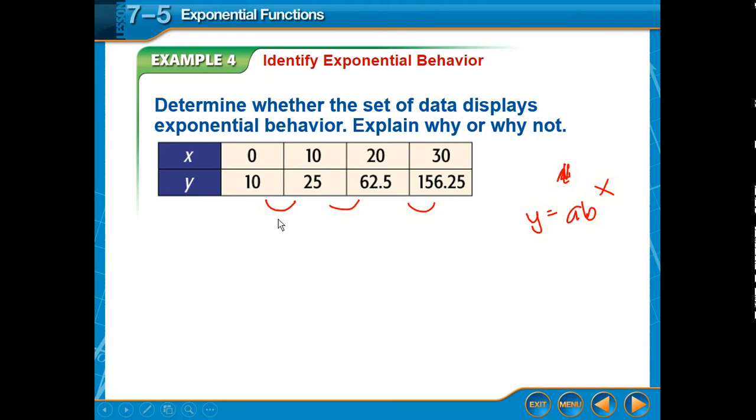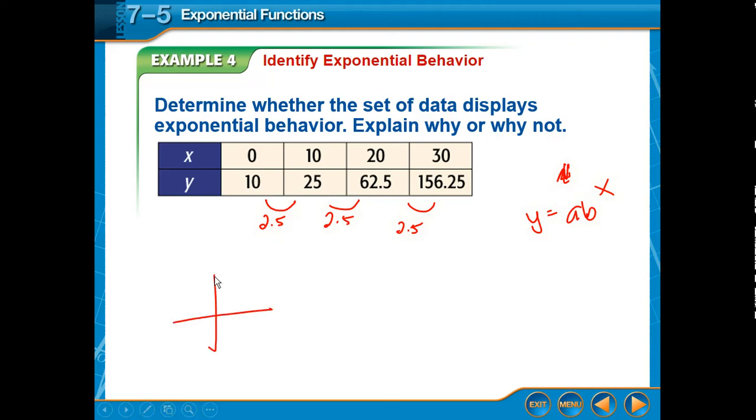I'm going to do 25 divided by 10, and I get 2.5. So that is the constant being multiplied by 10 to get there. And let's see if it's the same for the other one. So 62.5 divided by 25 is also 2.5. And if we were to do it here, we would also get that same thing, 2.5. Because all of this is the same, it is exponential.